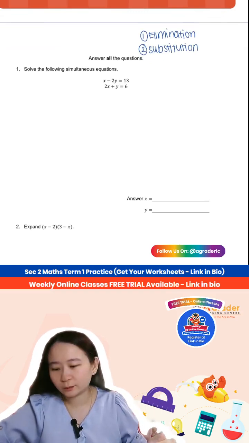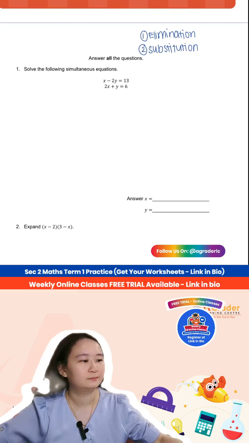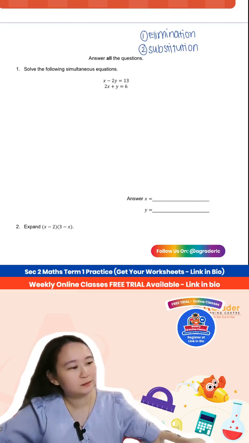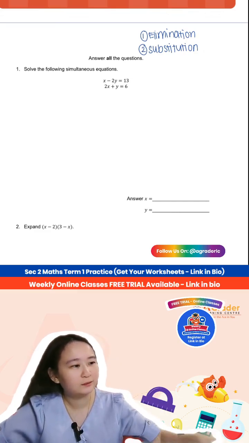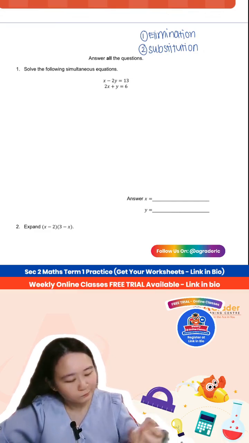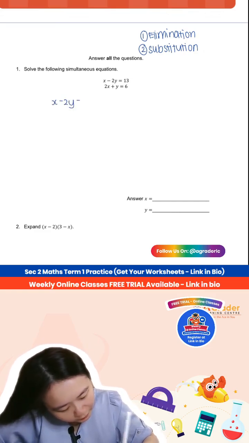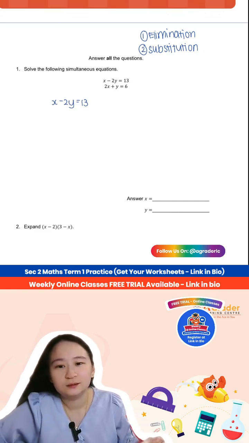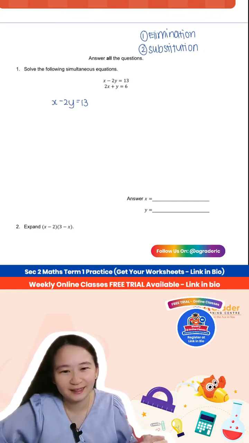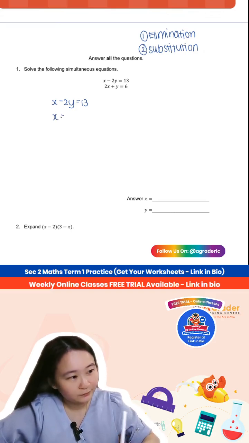So we have two equations here. What we can do is rearrange the first equation. The first equation is x minus 2y equals 13. So we can make x the subject: x equals 13 plus 2y.